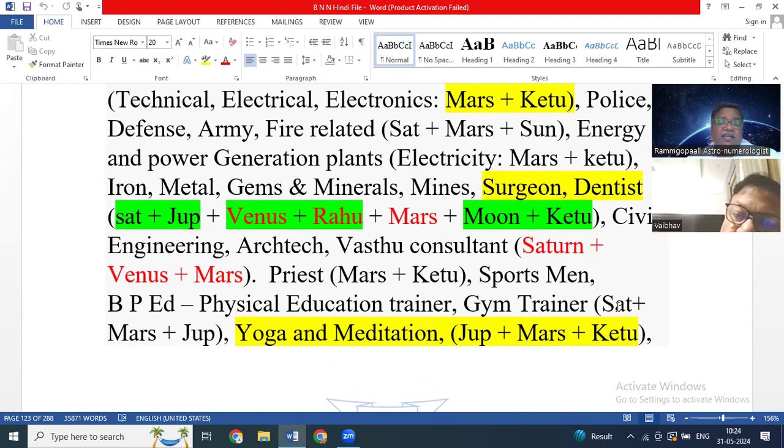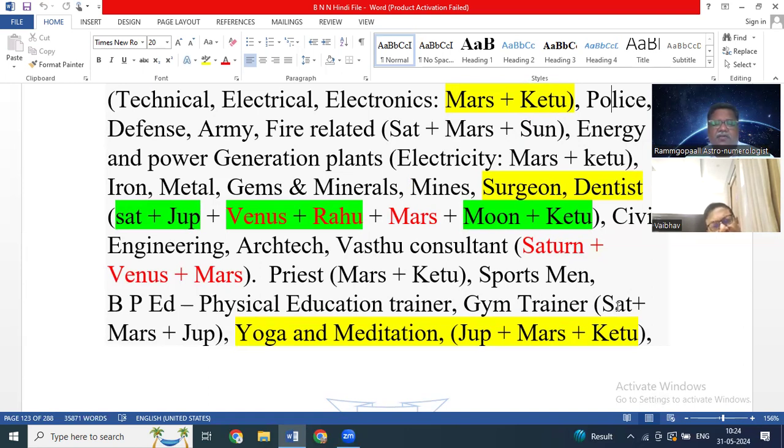He can do civil engineering, become an architect, a civil engineer, a Vastu consultant. Saturn is with Venus and Mars. Saturn here is karmakaraka, Venus is house, and Mars here is construction. So we have to construct a house. If you want to construct a house, Mars is required. Mars is construction, Venus is house. What do you construct a house with?